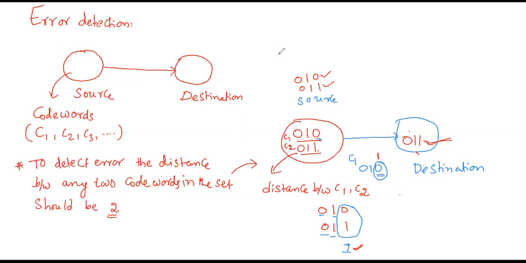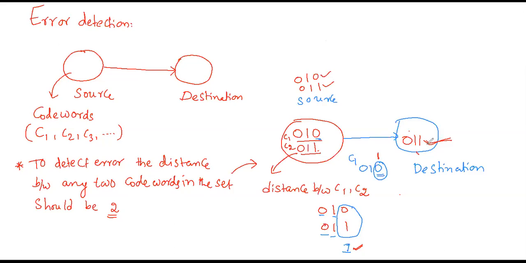Why it should be 2: if it is 1, we can't detect the error.